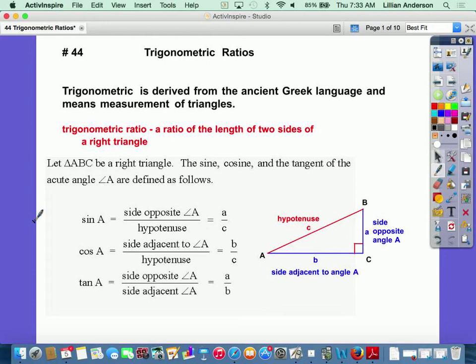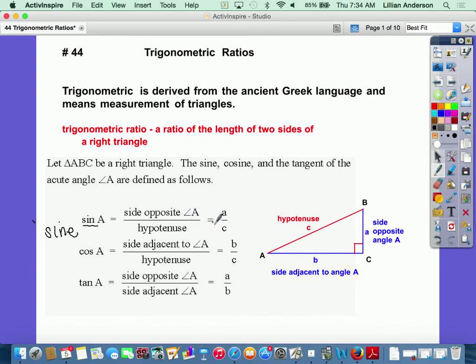Remember, ratio means fraction. So if you look at this triangle here, it says let triangle ABC be a right triangle. Sine, cosine, and tangent of the acute angle A are defined as follows. This is not sin. Okay, this is short for the word sine. So the sine of angle A is the side opposite of angle A divided by the hypotenuse.